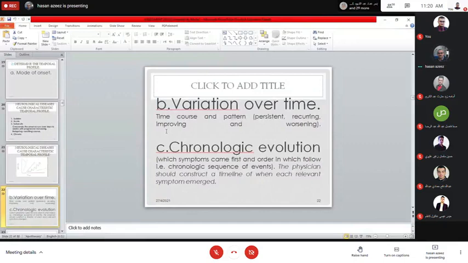So it is worsening. This is improving. Third one is a chronological evolution.